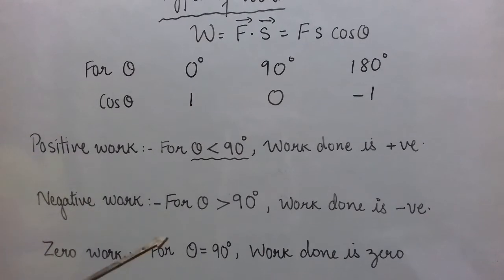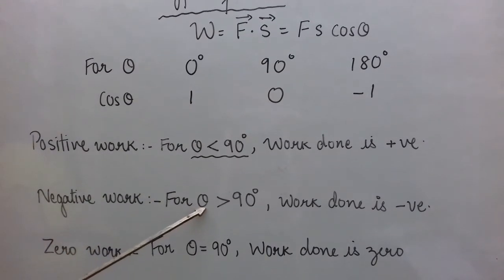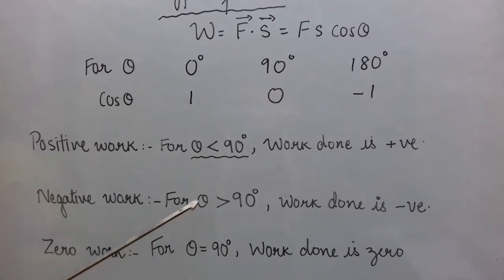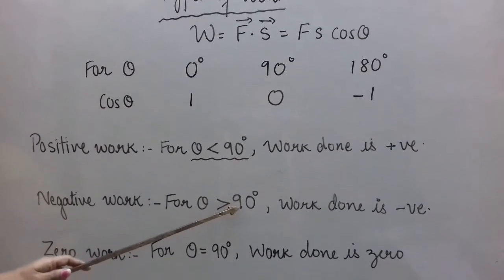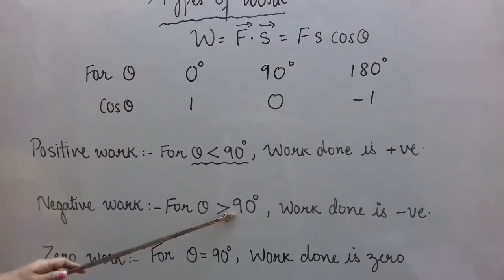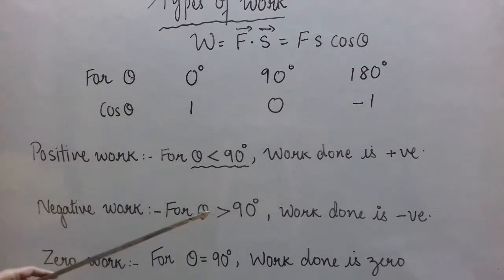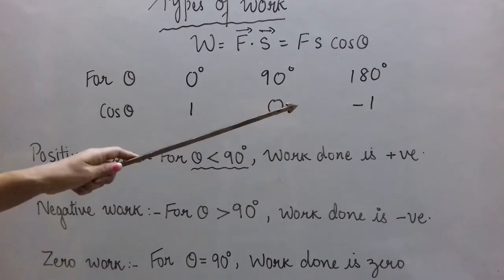So when cos theta is negative, work done will also be negative. So we can say when angle between force and displacement is greater than 90 degree, then work done is negative. And when we say maximum negative work, here we'll not talk about the simple maths where we take minus 1 to be smaller than minus 0 point something. Okay, so maximum negative means minus 1 only here. So when is maximum negative work done?